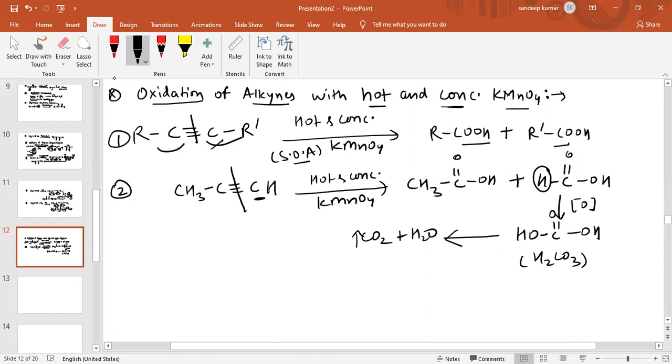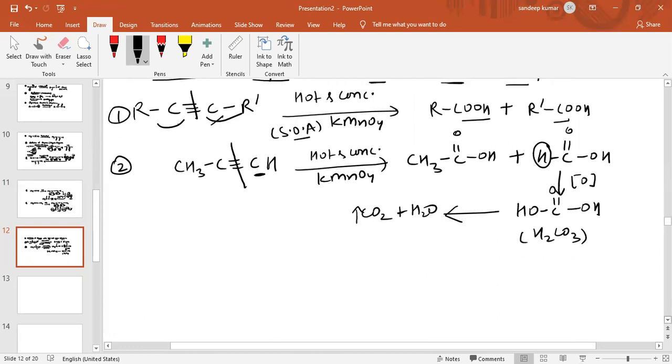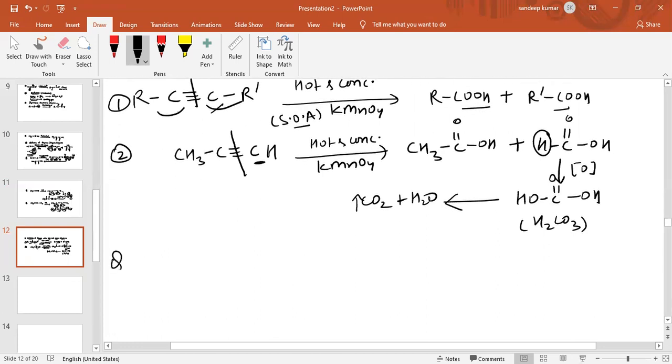Now see the next question based on the same reaction. If the compound is given like this, HC triple bond CH, and we add hot and concentrated KMnO4, this bond will break.